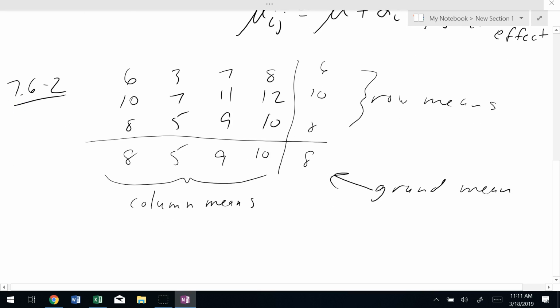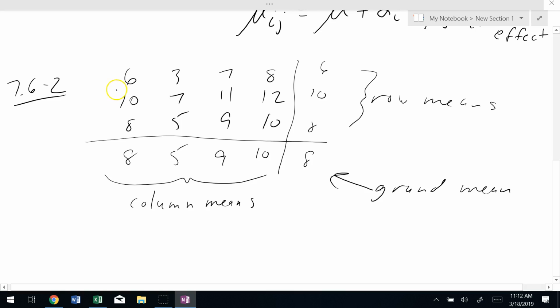So what this problem asks us to do: the values up here are your mu sub ij's. If these are your mu sub ij's in the array, it's asking us to figure out what the row effect and the column effect is on that particular cell.